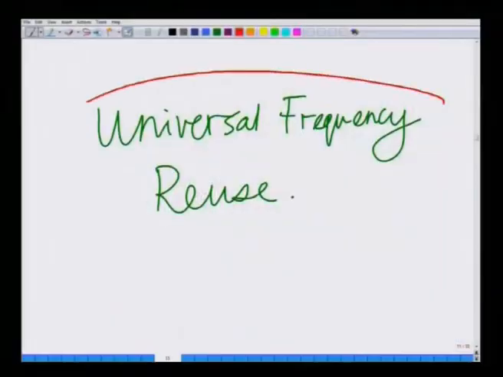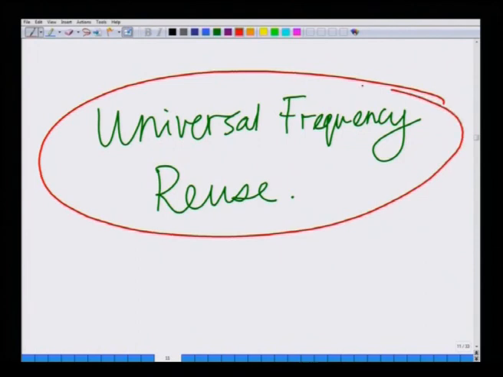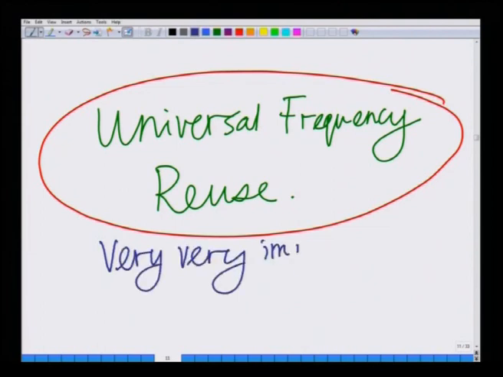Hence, this is known as universal frequency reuse, and this is a very, very important property of CDMA. So, let me write that down.